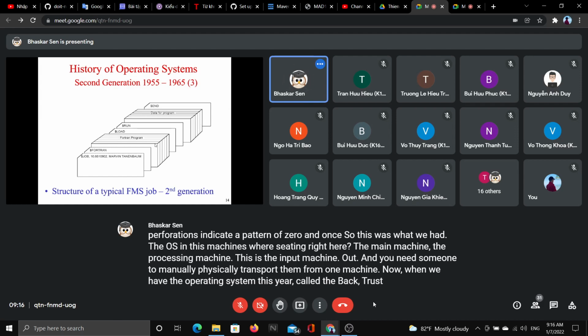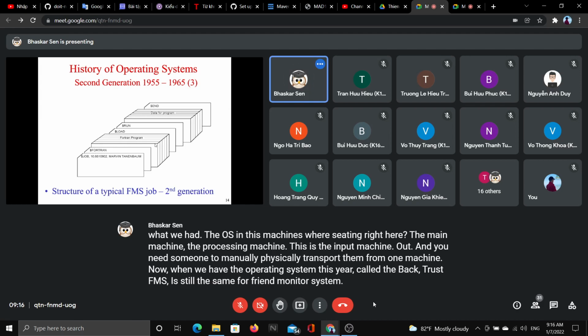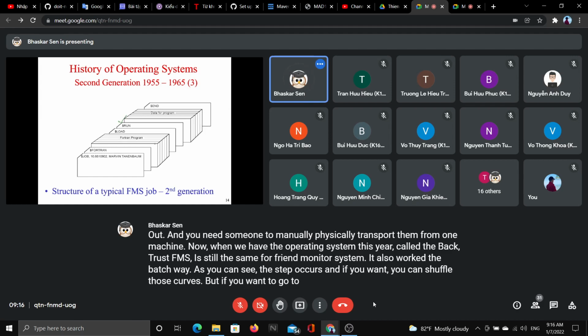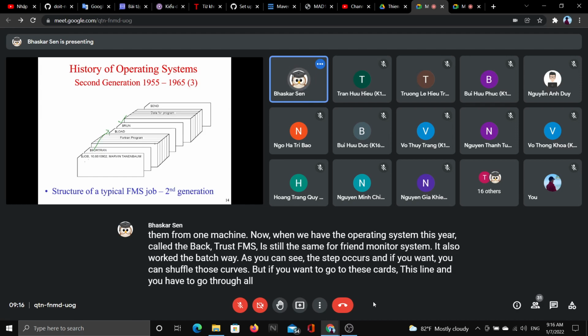FMS is still the same, Fortran Monitor System. It also worked in a batch way. As you can see, the stack of cards, you can shuffle those cards, but if you want to go to a particular card, this line, then you have to go through all of the previous ones.